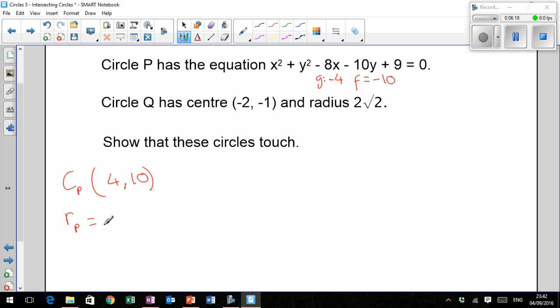The radius is the square root of -4 squared plus -10 squared, subtract 9. That's 116. Subtract 9, which is root of 107.